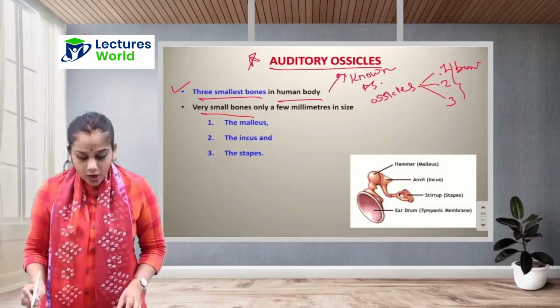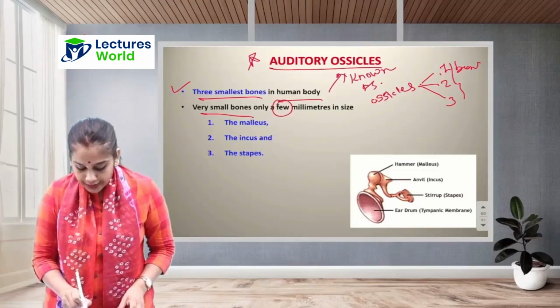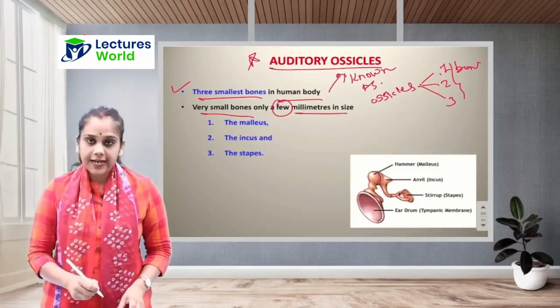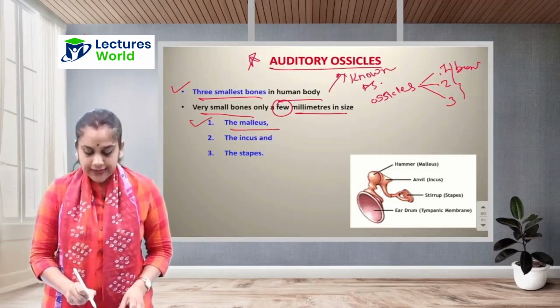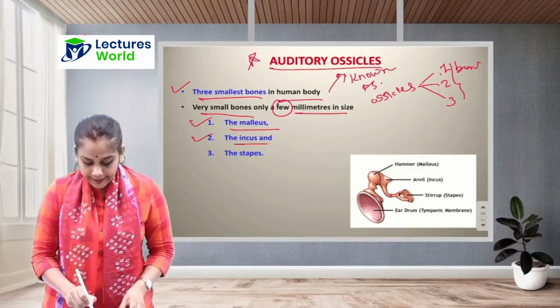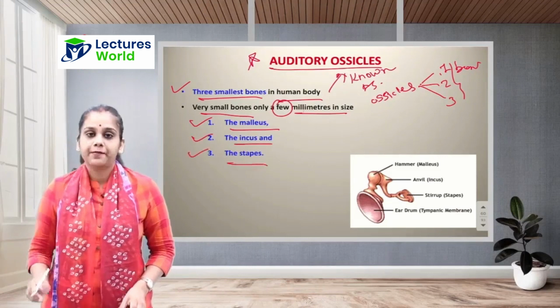They are very small bones, only a few millimeters in size. Which are the bones? The first one is the malleus, the second one is the incus, and the third one is the stapes.